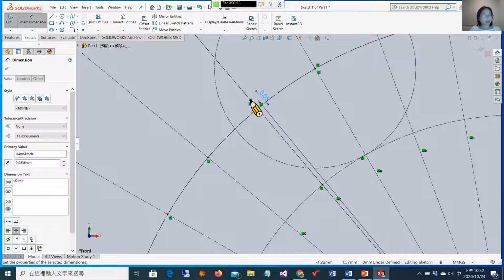This end point is the center position of the follower at the cam angle 113 degrees.